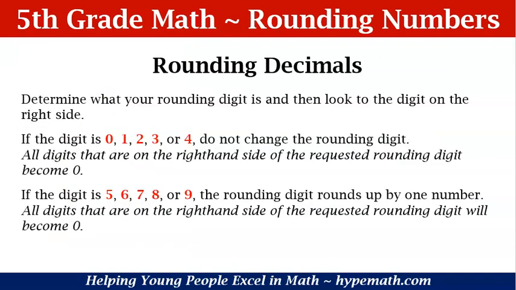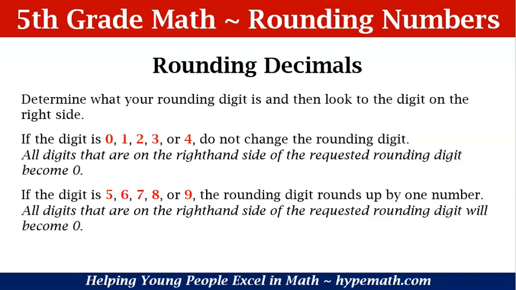Let's dive into rounding decimals. In order to round decimals, we must determine what the rounding digit is and then look to the right of that digit. If the digit to the right is 0, 1, 2, 3, or 4, do not change the rounding digit.